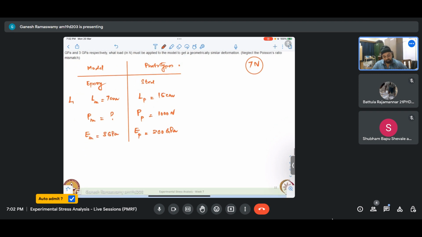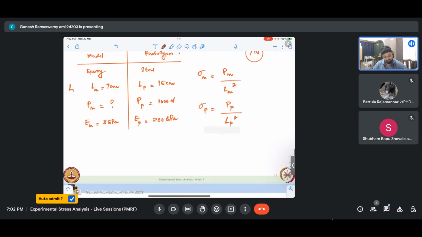So now stress in our model is load in our model by the characteristic length squared. Dimensionally, it will be Pm by Lm squared. Similarly, stress in my prototype will be P prototype by L prototype squared. Now this I can recast in another fashion.